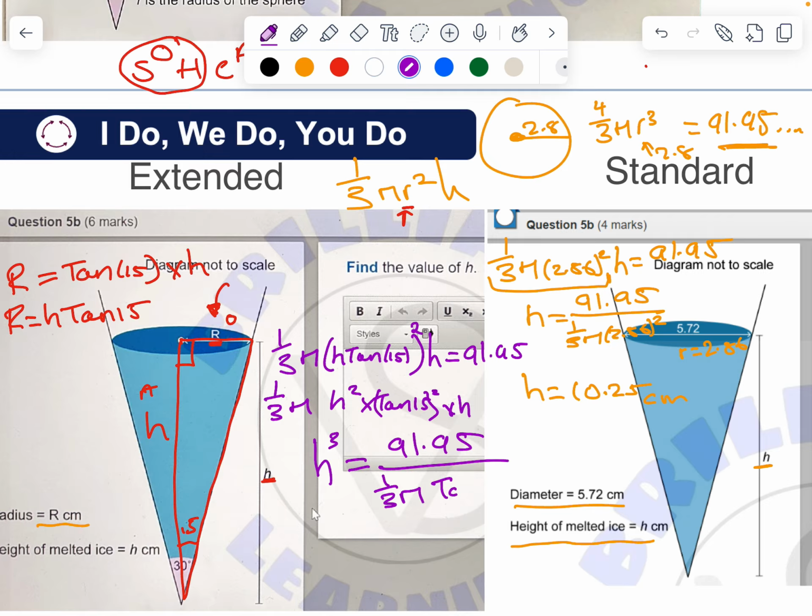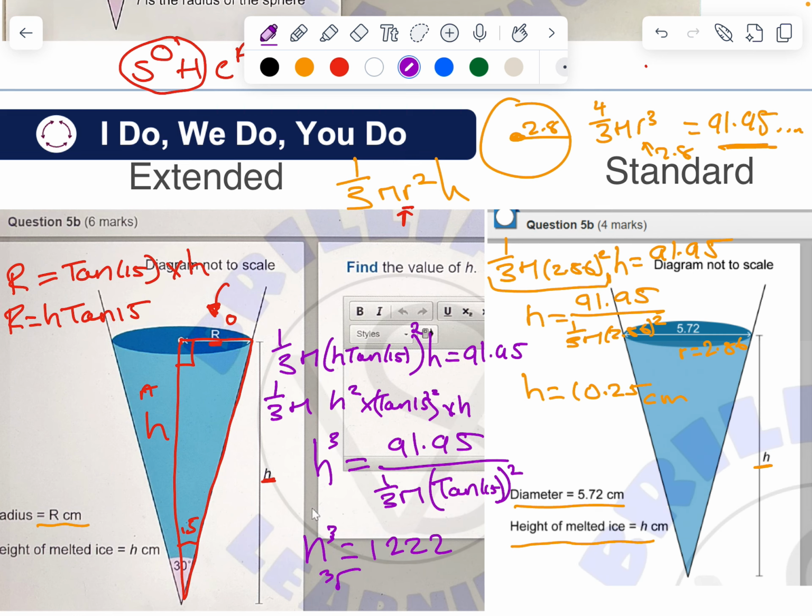And then the rest of it, I can just divide 91.95 by it. So a third pi tan 15 squared. Once you put that in the calculator, 91.95 divided by a third pi times tan, so I'm putting this in the bracket, tan 15 squared, and that equals 1,222.